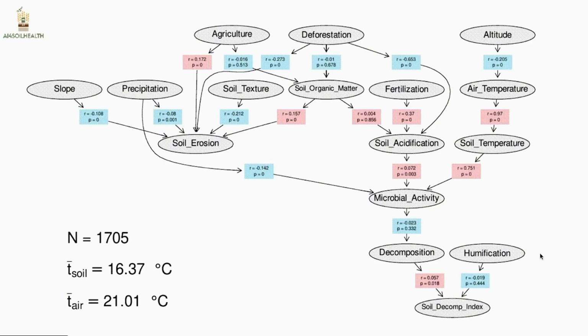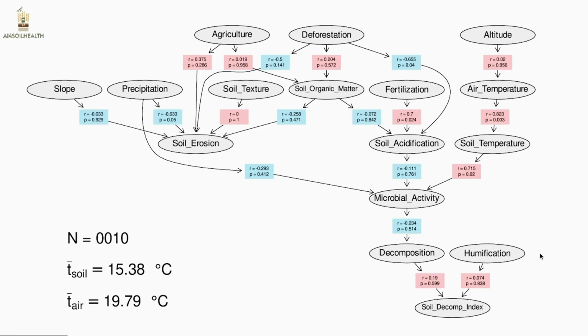This slide shows how our Bayesian network looked when based on just 10 samples. At this stage, we can observe certain inconsistencies or illogical relationships, like in the raw Bayesian network, such as a positive correlation between altitude and air temperature.